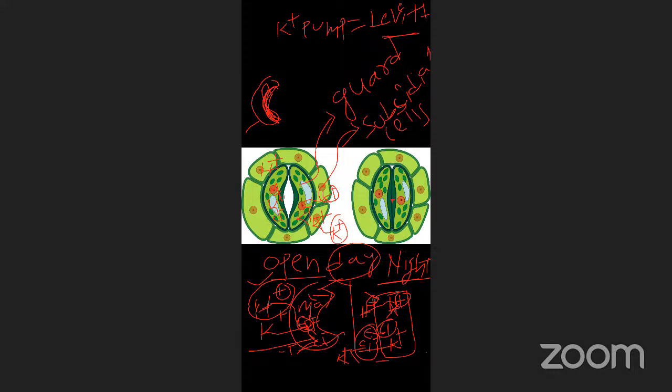Right. Now come to the screen. In night time, where is the high water potential, guard cell or subsidiary cell? Subsidiary cells. Use your brain first. Keep concentrating while I am teaching the class. Where is Cl minus?